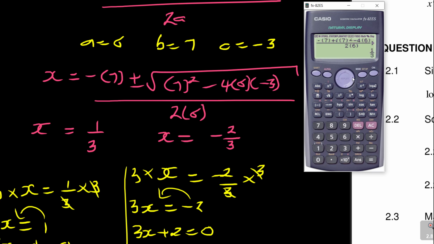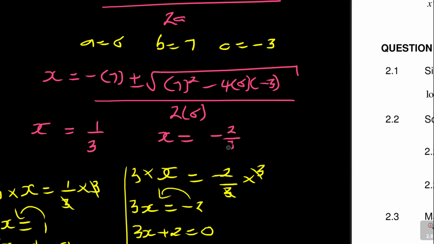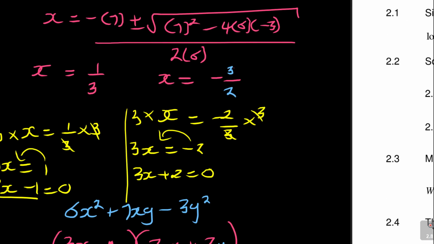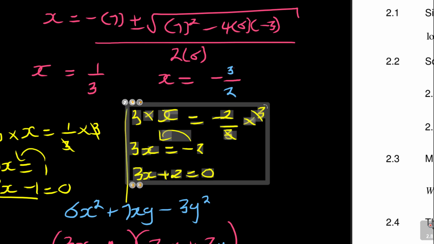Equal to, this was fine, 1 over 3 or minus. You see, it is 3 over 2. That's where everything was going to go wrong. It's 3 over 2, man. So everything you're doing, I just have to change this here.